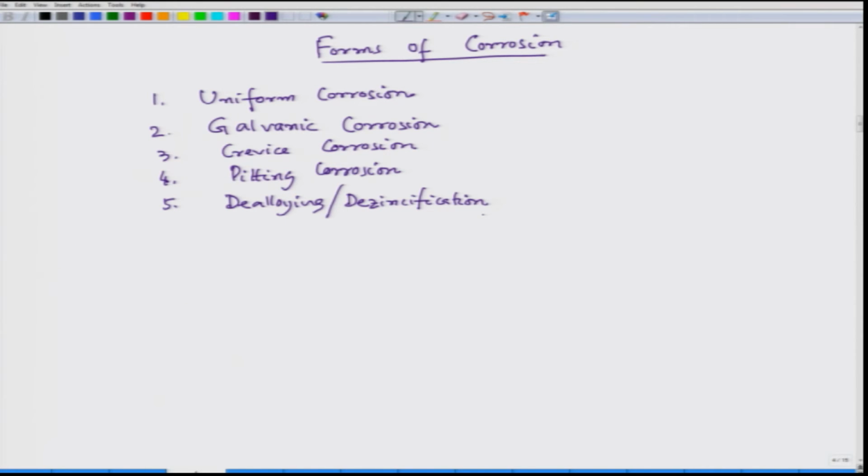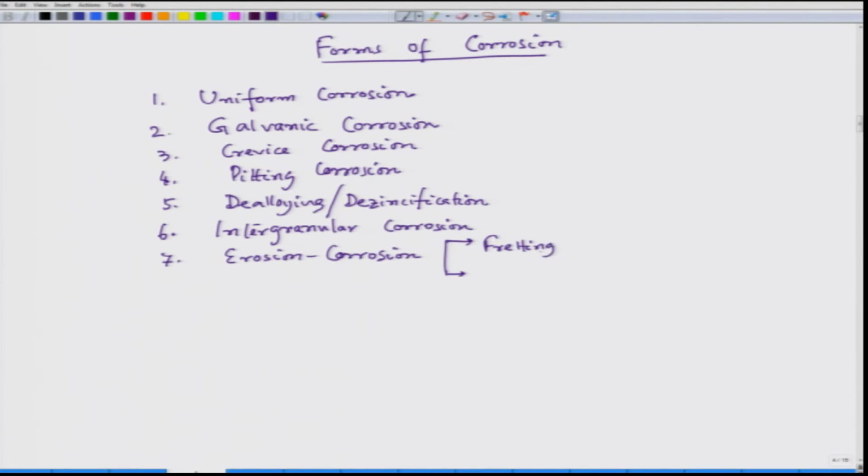Like that. Then we have intergranular, seventh, erosion corrosion, where we have two special forms: one is fretting, another one is cavitation.